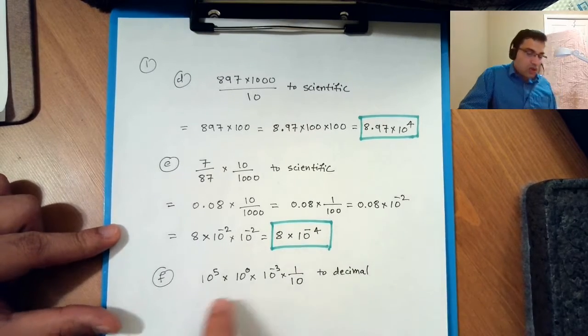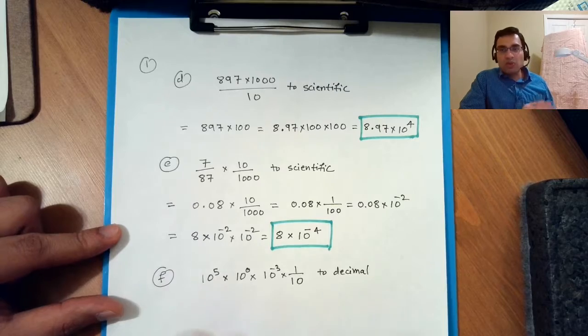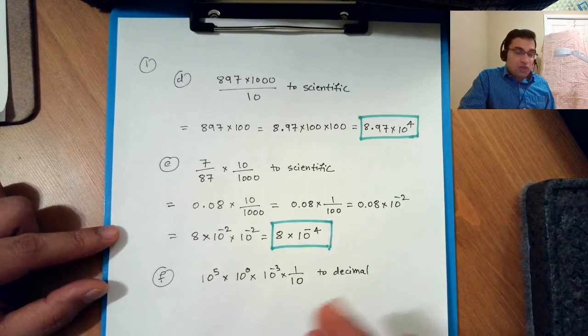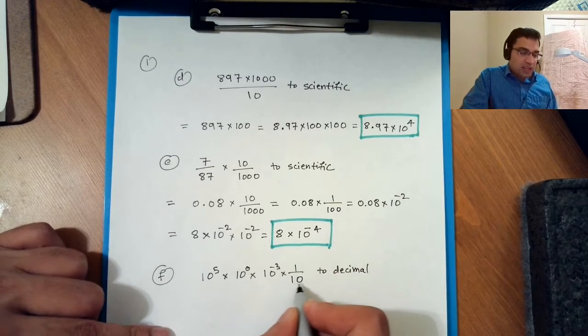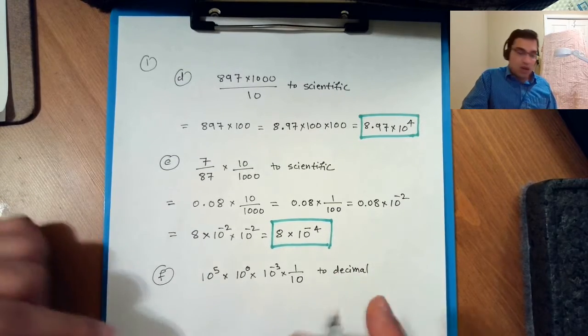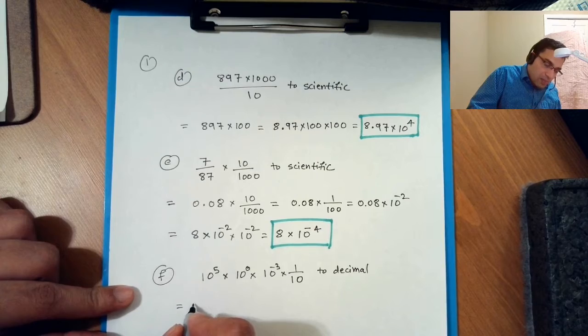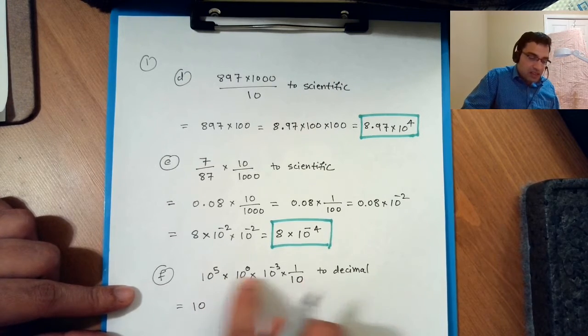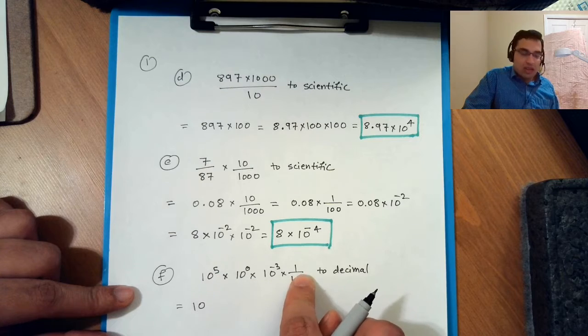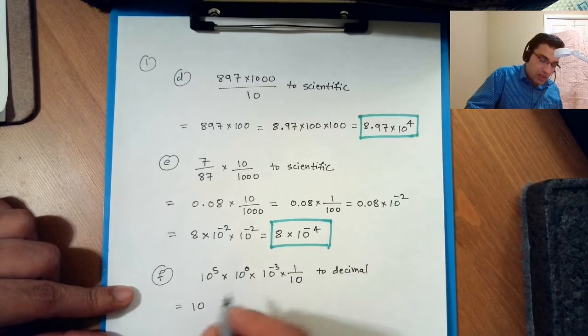All right. So it's a whole bunch of 10 to the power whatever. So you need to know how to combine 10 to the powers. What is 1 divided by 10? It's 10 to the power negative 1. Now, when I multiply these things, the 10 to the powers add or subtract depending on the sign.